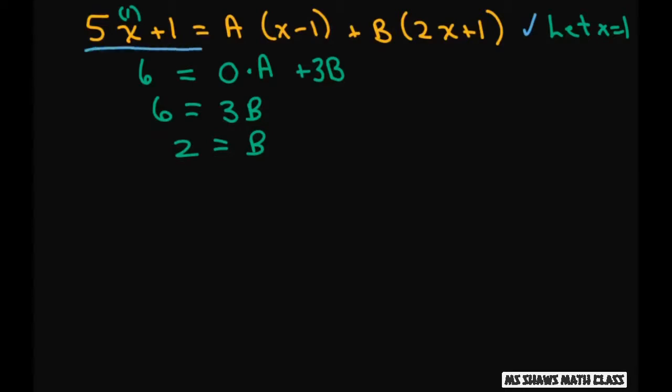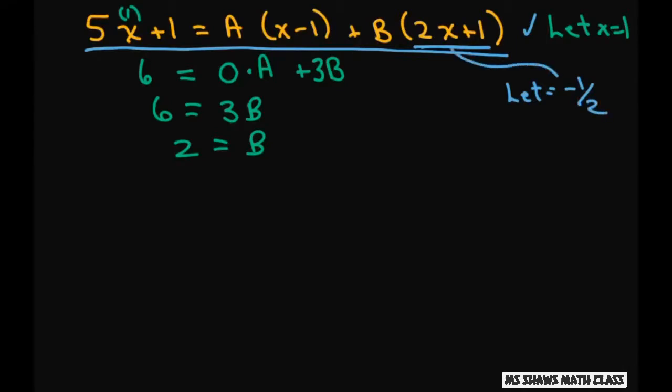Then you take this same equation, and to make b 0, we're going to let x equal negative 1/2. You plug in negative 1/2 in here, that's going to give you 0. So we'd have negative 5/2 plus 1 equals negative 3/2 when you plug this in to this x minus 1.